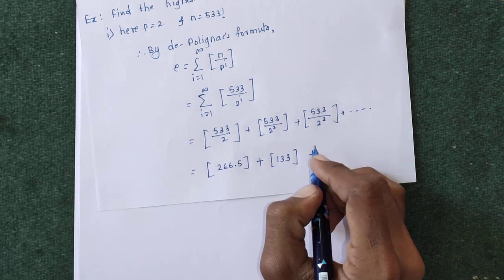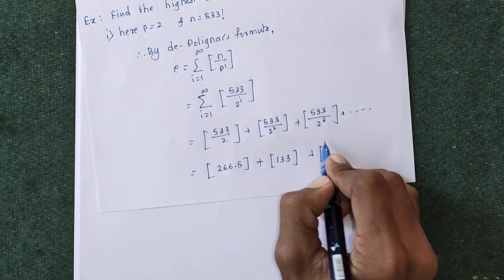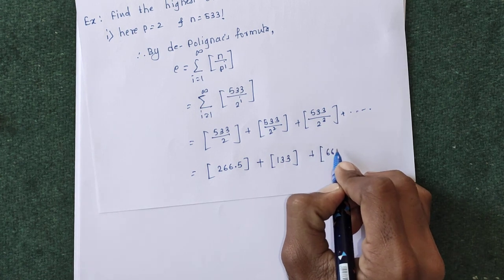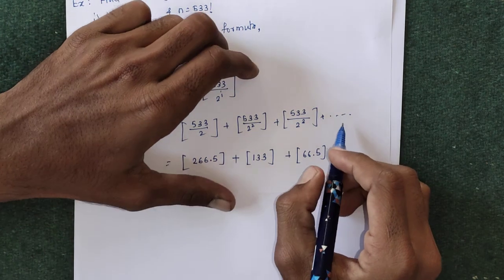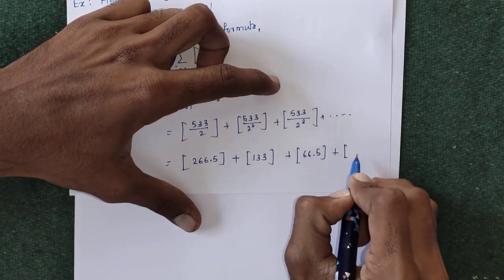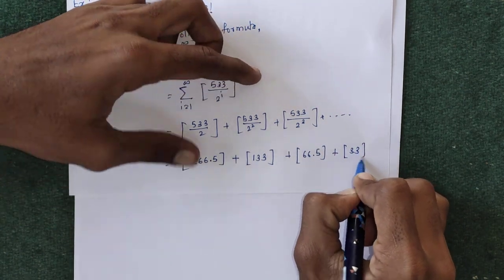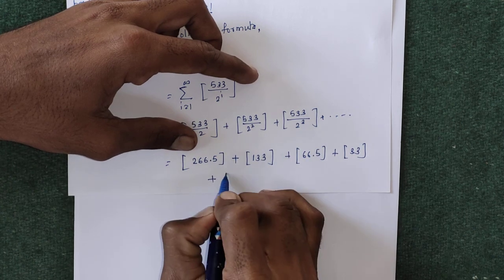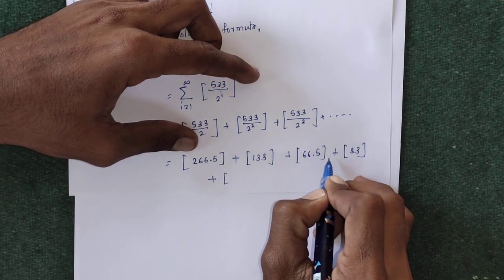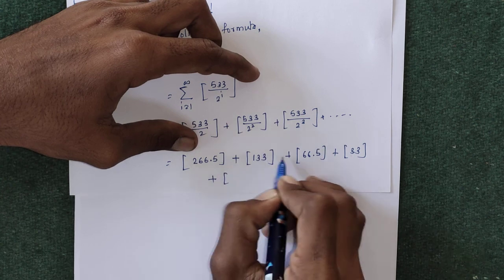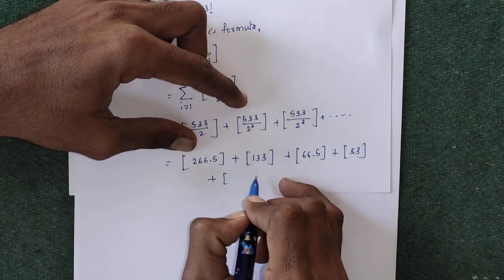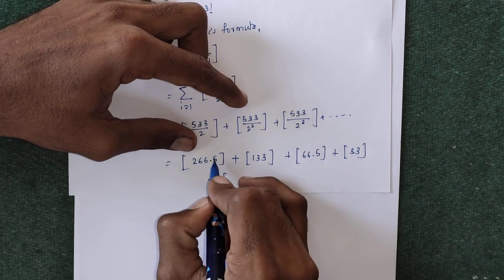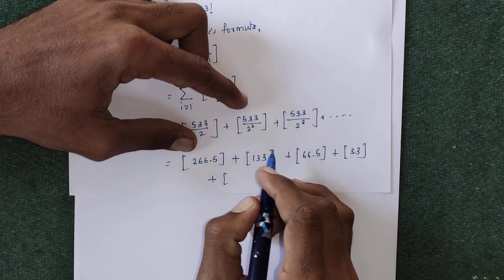After dividing 533 by 2 cube, we will get 66.5, plus again after dividing 533 by 2 raised to 4, we will get 33. We have to apply this procedure until we get the greatest integer function of some number equal to 0. We have to terminate this procedure whenever the greatest integer function is equal to 0, or the number is 0 point something.